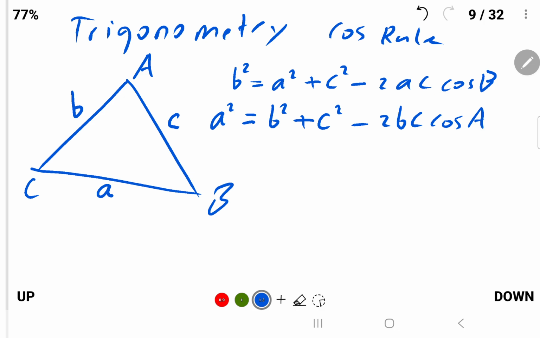And if you start with letter C, in this case you have to say c squared is equal to a squared plus b squared minus 2ab cosine C.